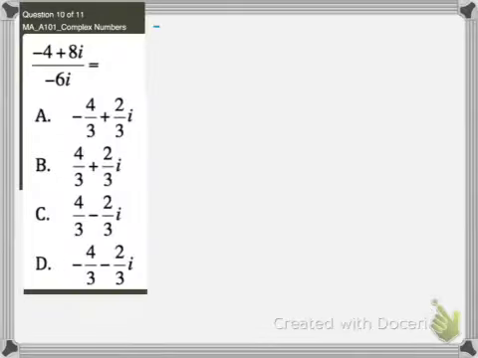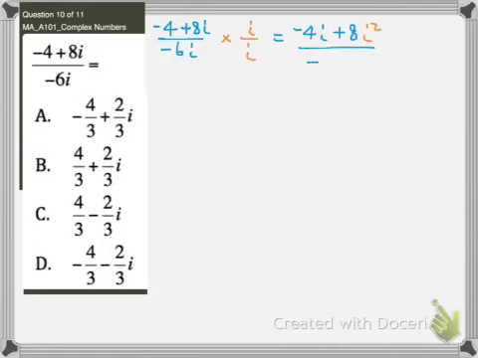Right, now in question 10, we have minus 6i. We want to realize the denominator, and we have to do something about that. To get rid of the i on the bottom, we need to multiply both top and bottom by i. So we end up with i squared. Now that we have i squared on the bottom, we can substitute the value of i squared that we know as -1.